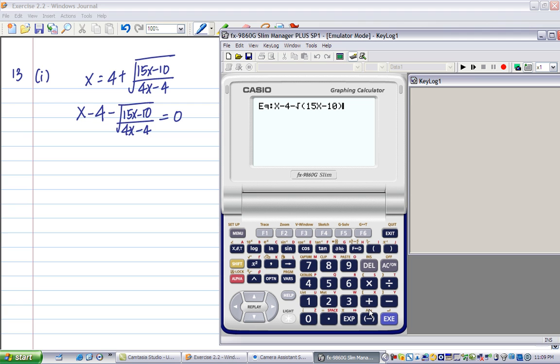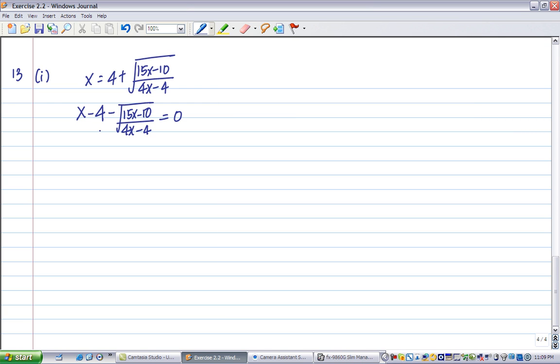Equals to, now where is your equal sign in your GC? Press shift, dot, equals to 0. I'm just showing you a sample. My equation is not complete, and then you just press execute to solve. In this case, the values are slightly different, but if you key in the correct equation and solve, you should be able to get x equals to 6.